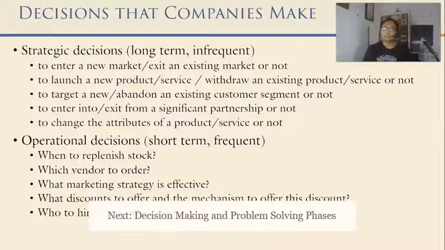For example, decisions on when to replenish stock, or which vendor to order from, or who we would order these raw materials from. What will be the marketing strategy that we are going to adopt or implement? The discounts, who we are going to hire and who we are not going to hire. This type of decision is what we call operational decisions.